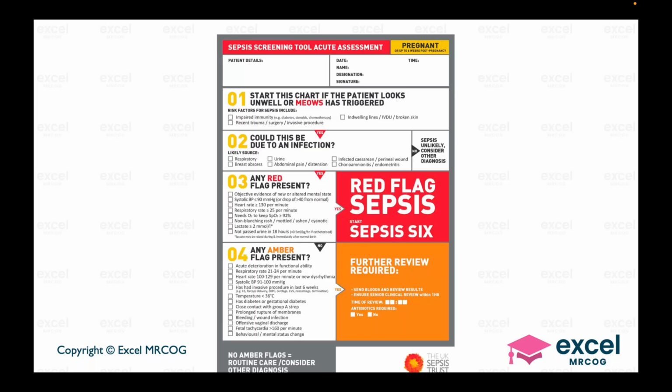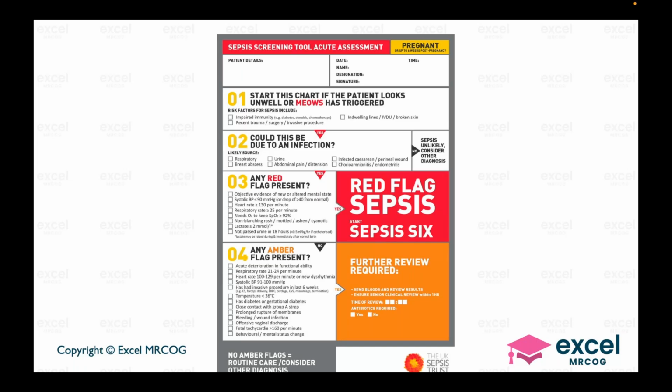So then the next question that you ask yourself, could this be an infection? So always think sepsis. Even in the current guideline, in the first page of the guideline, it is mentioned that you need to think sepsis. So always think of the possibility of sepsis when there is an abnormal presentation in pregnancy.